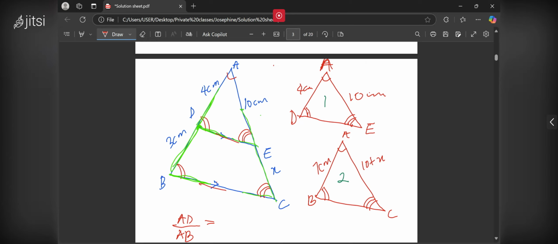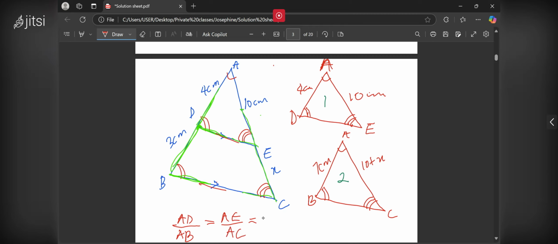You can see that I started with 1 and ended with 2. So for the next ratio, I will start with 1 again. I'm going to pick AE. AE corresponds to AC. That is good.